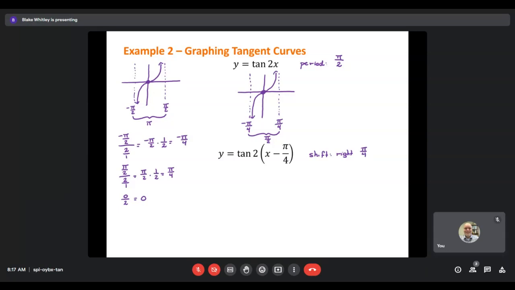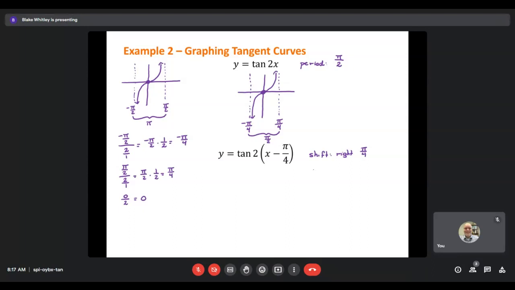So now what I want to do is I want to take that graph that we got in the first part, right, with our adjusted period from negative pi over 4 to pi over 4, and I want to shift that to the right by pi over 4. Okay, since I've already adjusted the period in the first part, now I just need to shift that graph. Well, if I shift everything to the right pi over 4, I'm going to move the asymptotes and I'm going to move the x-intercept.